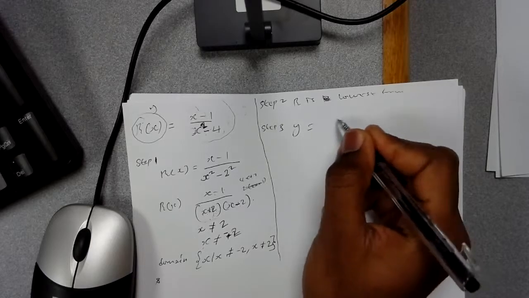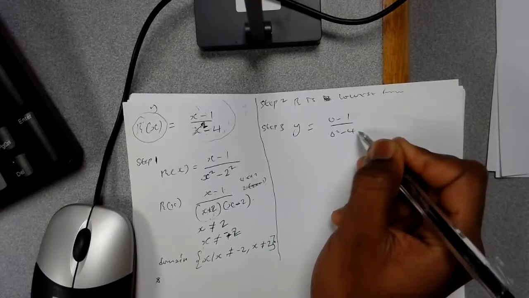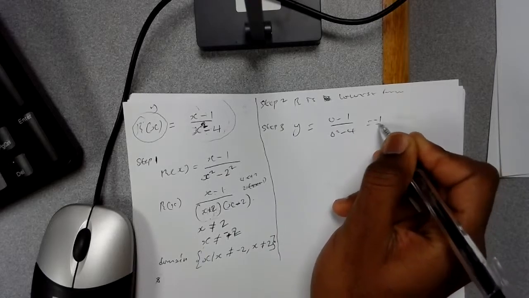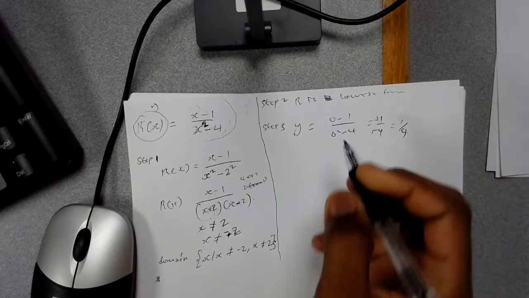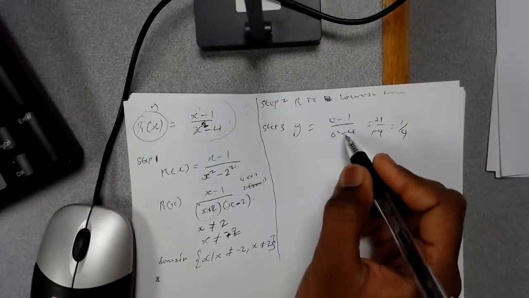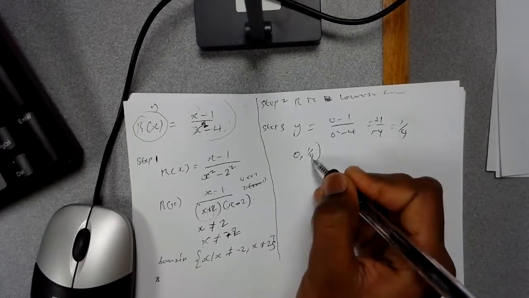So y is going to be equal to 0 minus 1 all over 0 squared minus 4, which is equal to minus 1 over minus 4, which is 1 over 4. So the y-intercept of this graph is 1 over 4. When x is equal to 0, y is 1 over 4.